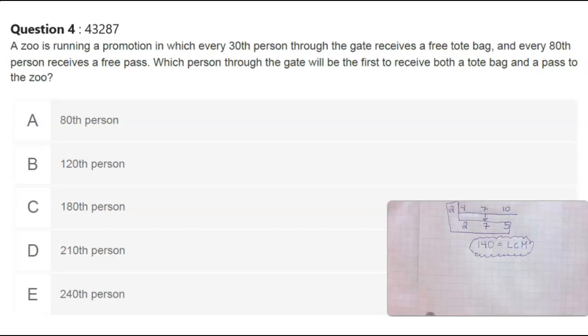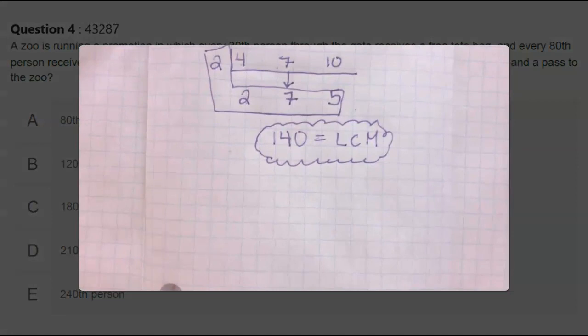Now these numbers, you can list out the primes, you can go ahead and list out the multiples if you'd like. That's perfectly fine. I'm going to show you how to do it using the ladder method. Or you can just list out the multiples of 30 and the multiples of 80 and see when they match. All right, so let's do 30 and 80.